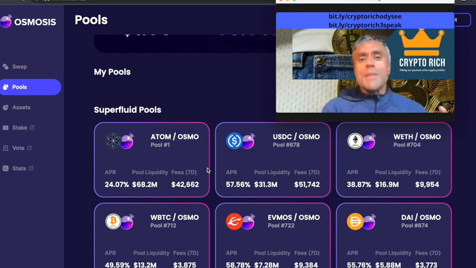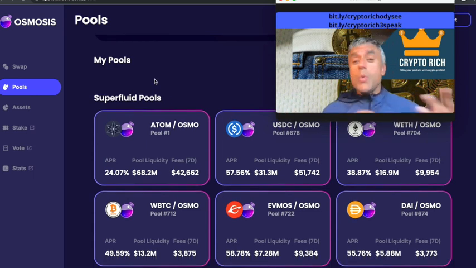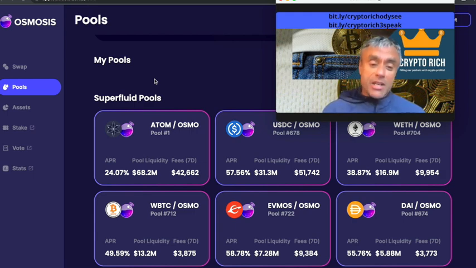Now, in order to make sure there are enough tokens and enough liquidity in the pools, the projects provide incentives. If I leave my Osmo in an Atom-Osmo pool, I will get a share of the swap fees. Plus, there are also additional incentives, which are determined by the particular projects with regard to their tokens. So some pools can be way more lucrative than others, depending upon the incentives and the APR.